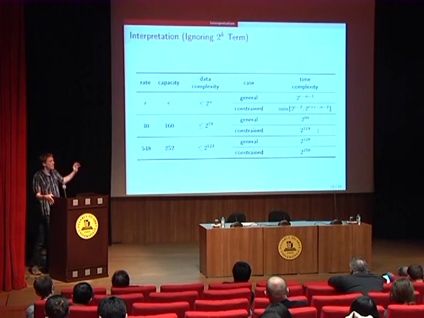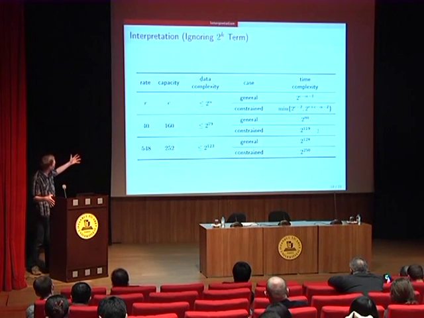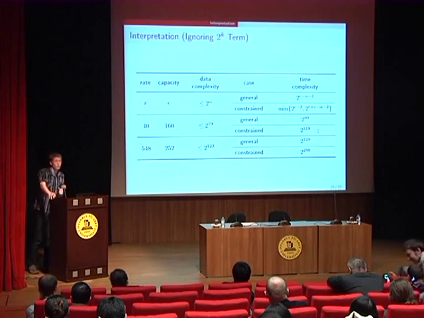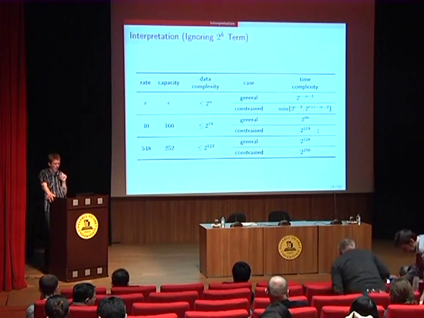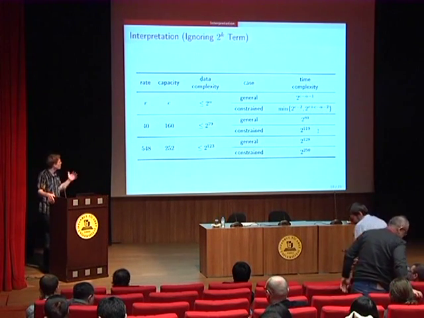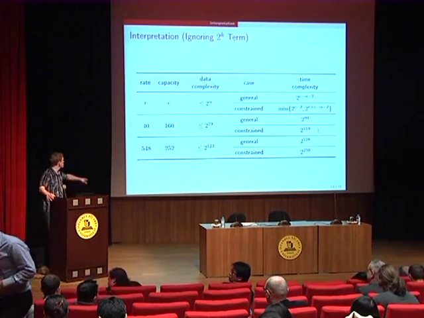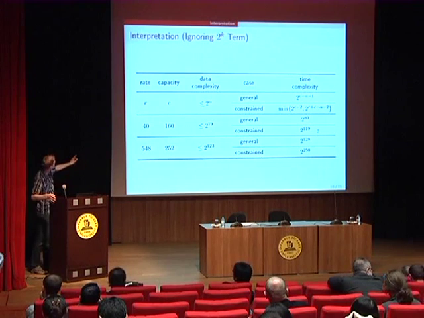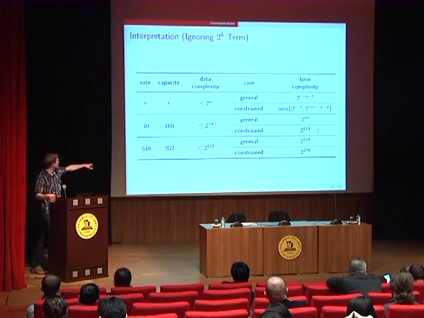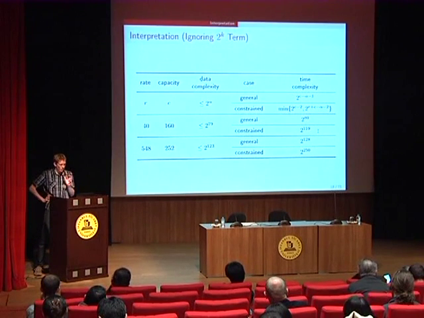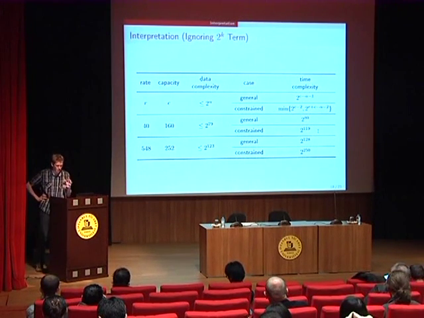And one can then see that the bound implies that if the data complexity is at most 2 to the 79, you get a time complexity of at most 2 to the 80. If you additionally use a unique nonce, the time complexity increases to 2 to the power 119. And similarly for the second case, where the rate is larger than the capacity, the second case corresponds to the Keccak design.